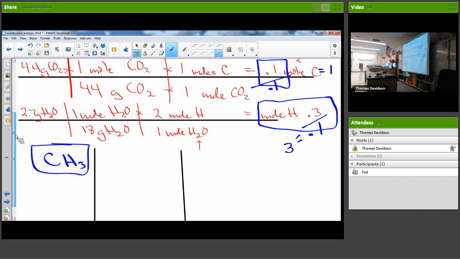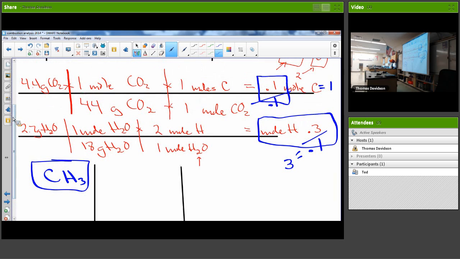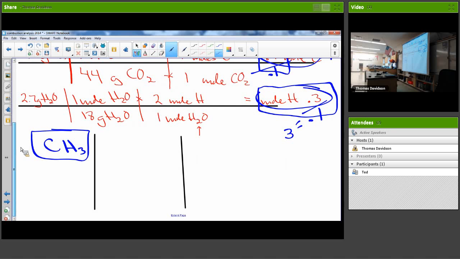To find their ratio. Hold on. Both these answers here are in moles, but I need to know the ratio of moles when I write my formula. So to know the ratio, I always divide them all by the lowest of them. Okay, empirical means the lowest whole number ratio.